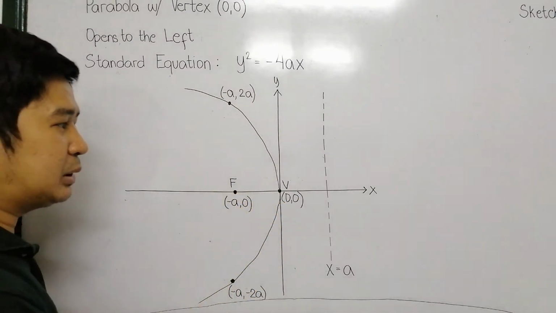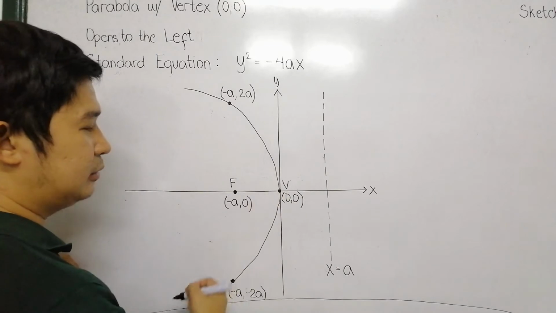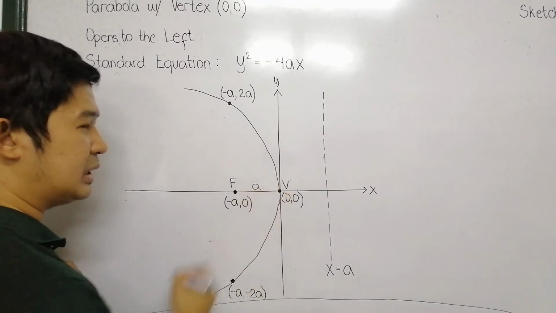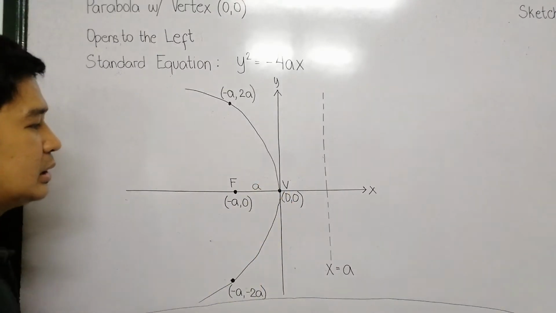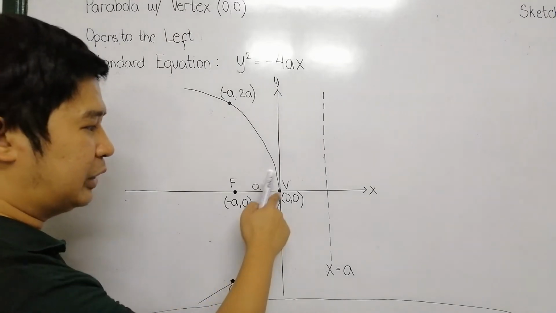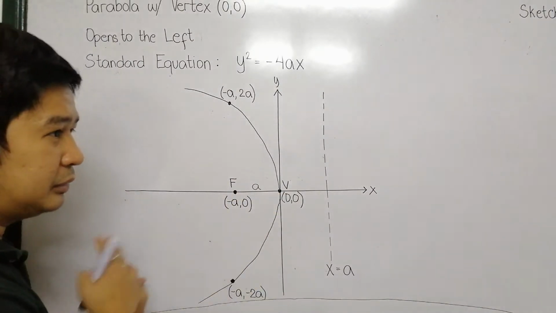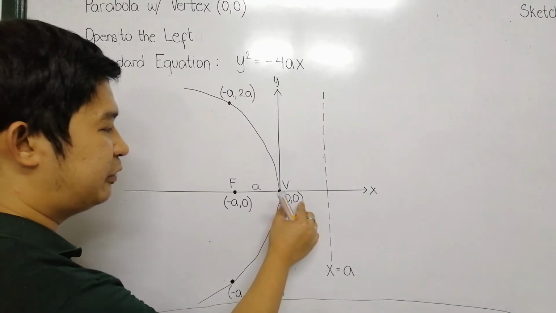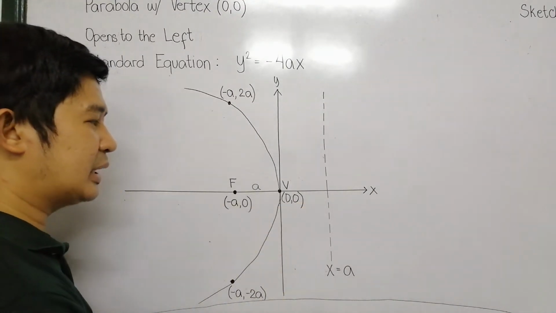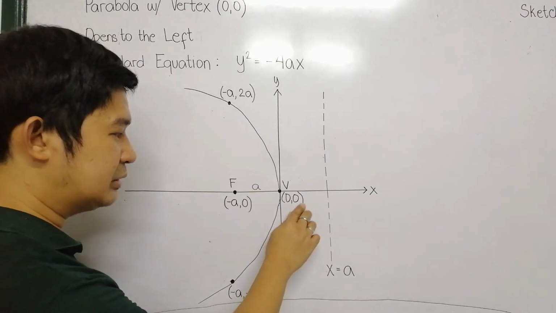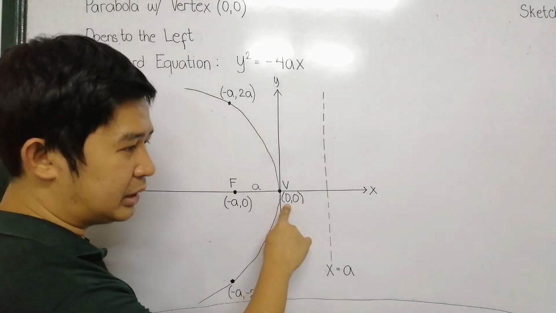So the distance between our focus and vertex still remains equal to a. Since the movement from the vertex to focus is horizontal to the left, that means from the coordinates of our vertex, the one that will change in value is only the x-coordinate.